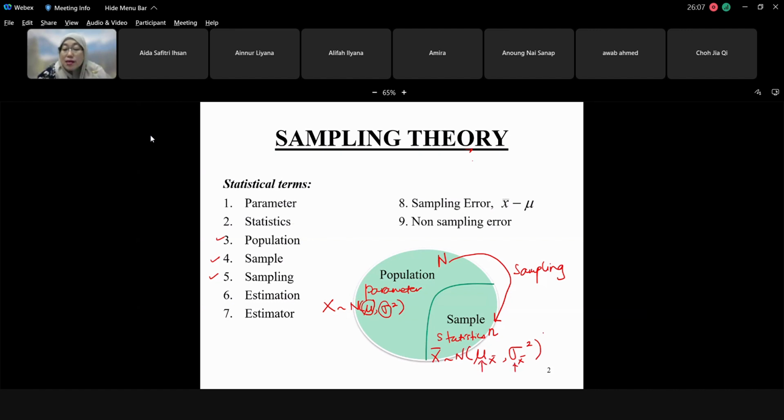The mean for the sample can also be known as X bar, and sigma for the sample is also known as small s. So sigma for the population is capital S, and for the sample will be small s. So mu is actually the capital letter for M. We use all the capital letters for the population and the small letters for the sample.